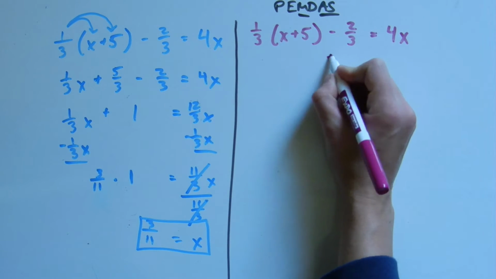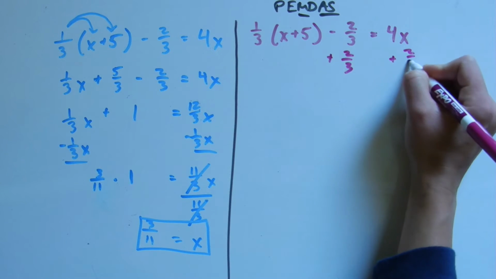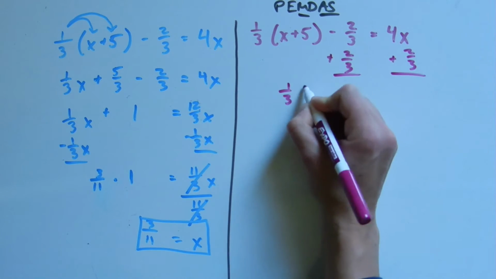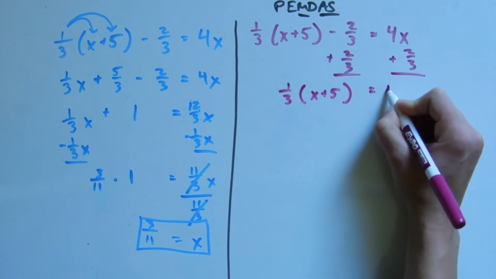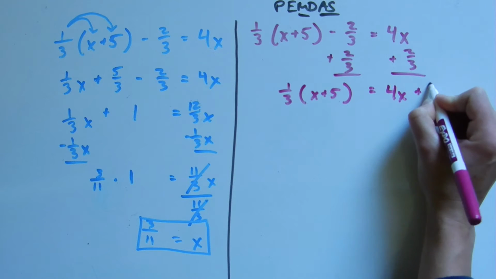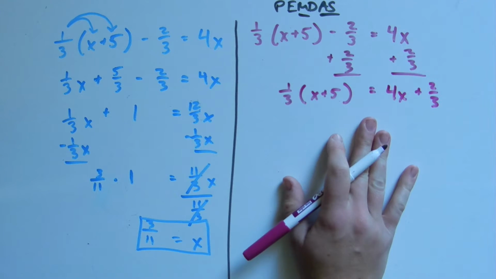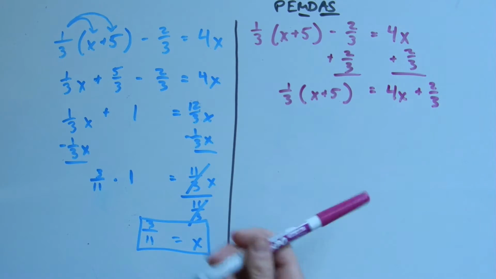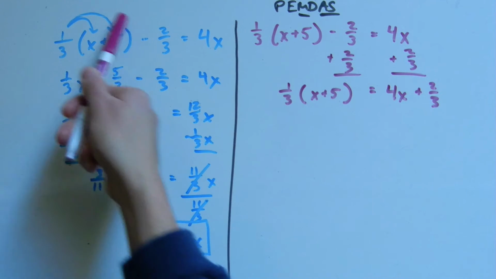So let's start by adding 2/3 to both sides. Then we're going to be left with 1/3 x plus 5 is equal to 4x plus 2/3. Right here we already have something completely different than what we did over here, because we started over here by expanding this simplified form.